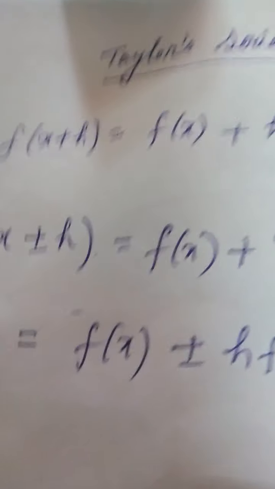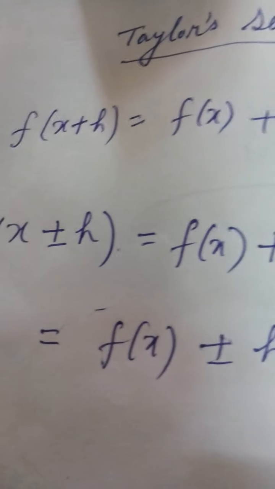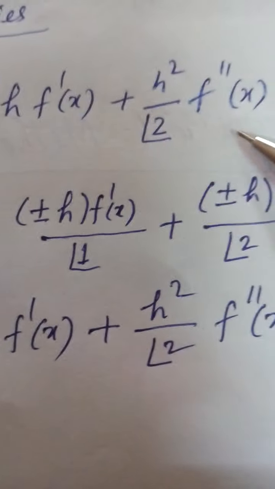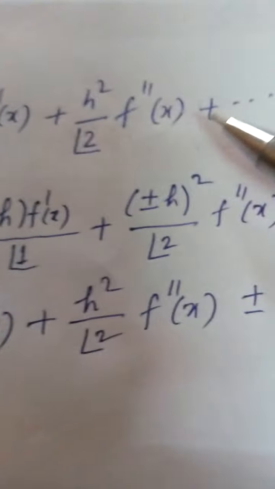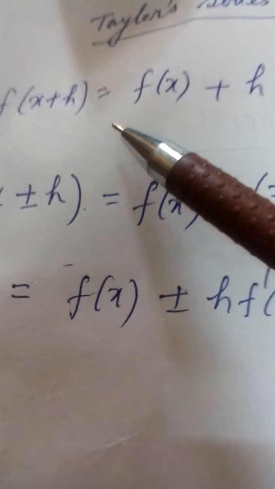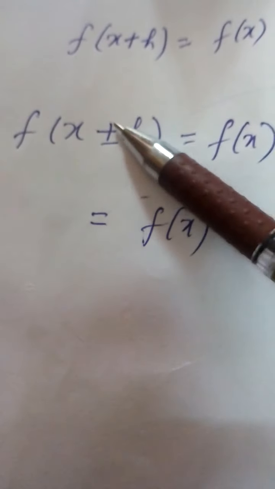You must go on. I will show you the Taylor's series. Function of x plus h. This is the Taylor formula. This is the first derivative, and this is the second derivative, and so on. This is factorial 2, and the next one will be divided by factorial 3, and so on. This goes up to infinity. Okay. Now this Taylor series can be for plus minus also.